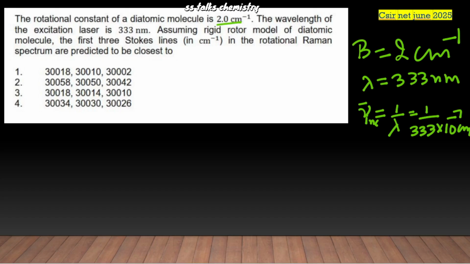Just solve this and get your incident frequency. Firstly 1 upon 333 into 10 to the power of 7, we are getting the value as 30030.03. So this is the incident wave number that you are having.